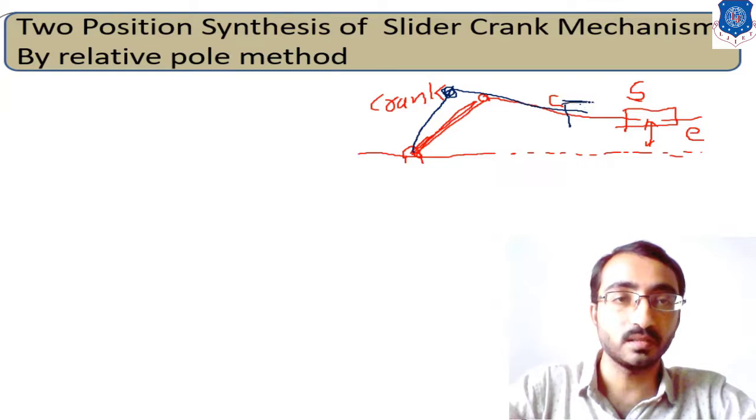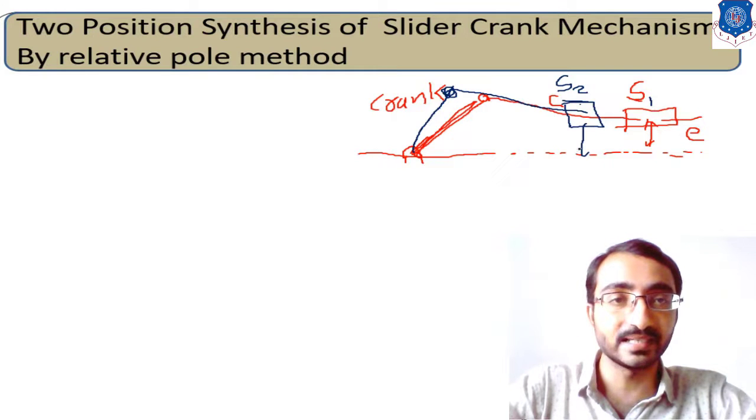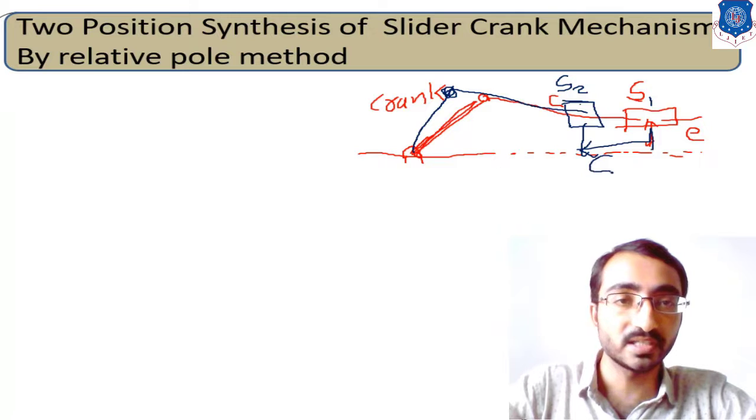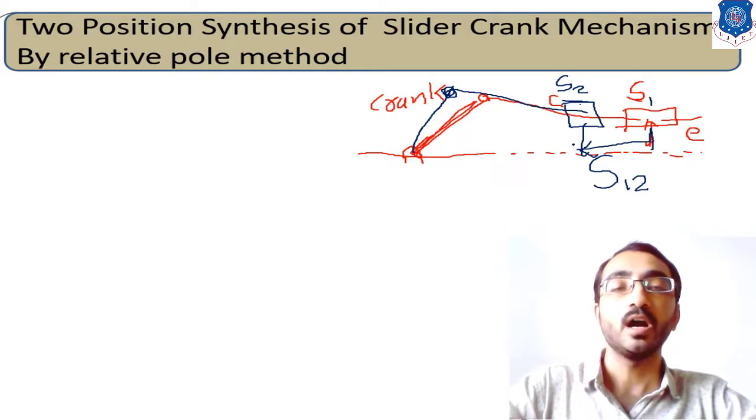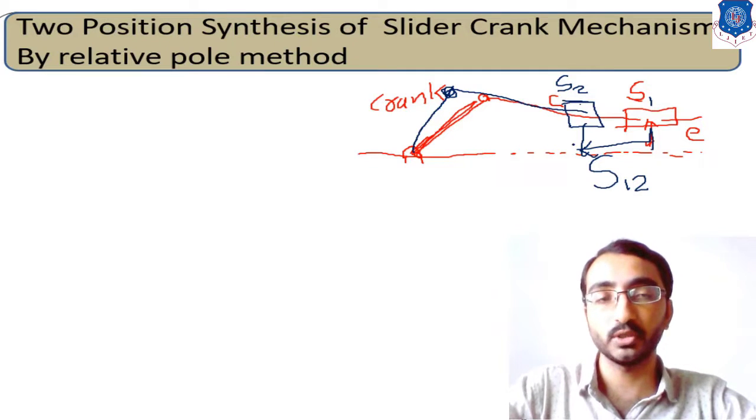So this is slider 1, that is position number 1, and this one is slider 2, that is position number 2. The distance between 1 and 2 is represented as S12, that is the displacement of the slider from position 1 to position 2.